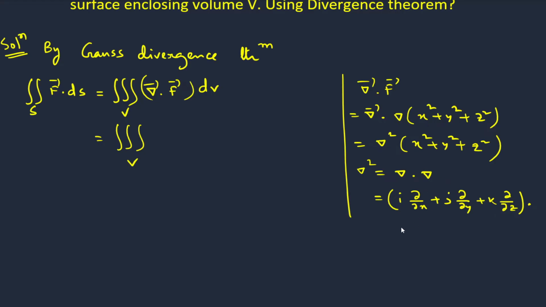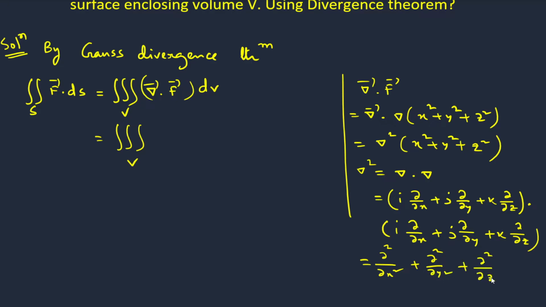And in place of the second nabla, if you again write i del x plus j del y plus k del z, then what do we have? Del square by del x square, del square by del y square, del square by del z square. Okay, so this is the meaning of nabla dot nabla.